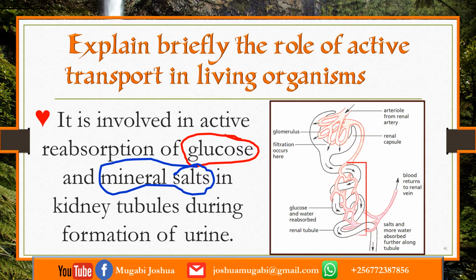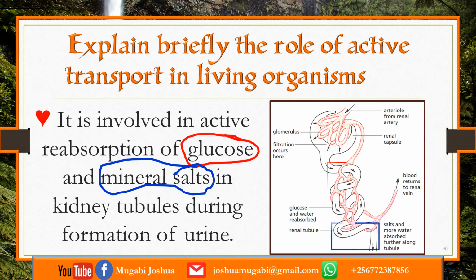When you look at the nephron structure, we have the part called the proximal convoluted tubuli. In the proximal convoluted tubuli, glucose and water are reabsorbed back into the blood capillary, either by diffusion or by active transport.